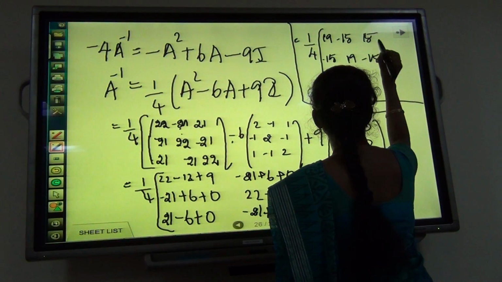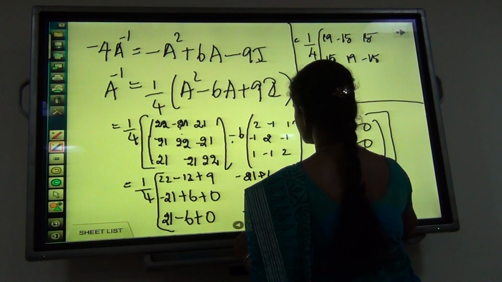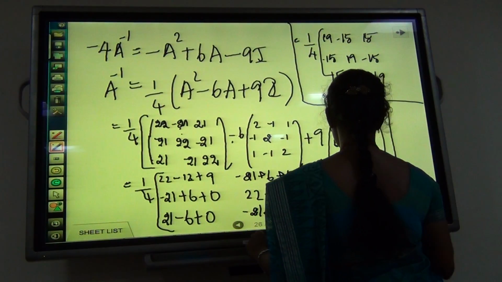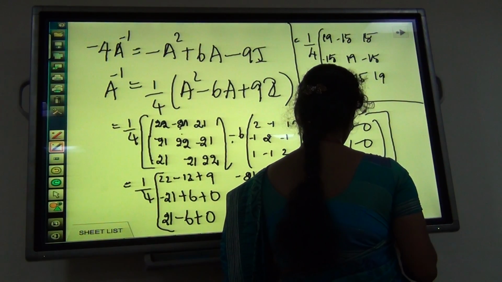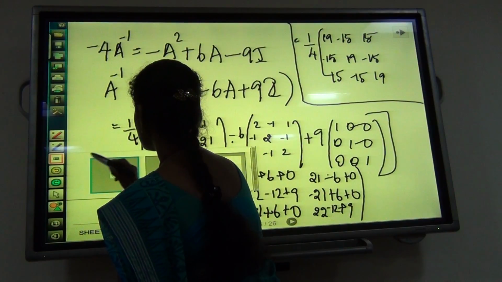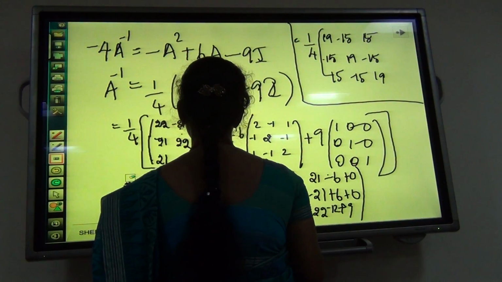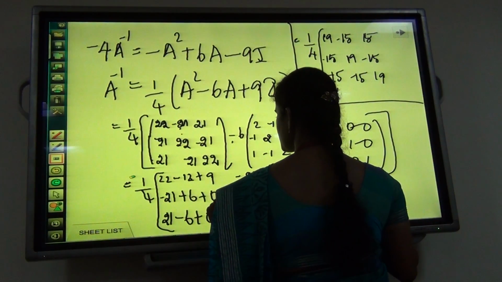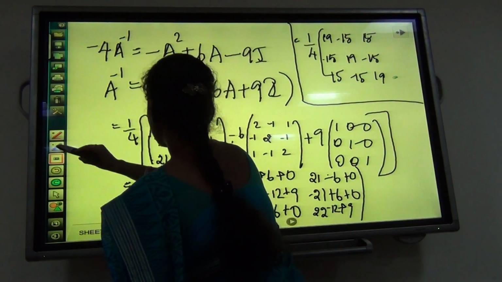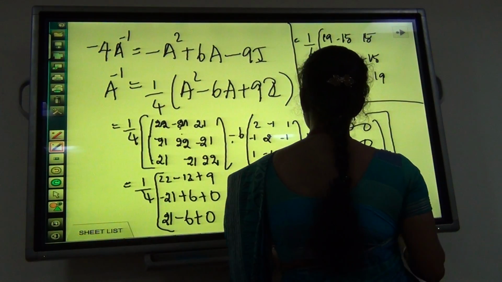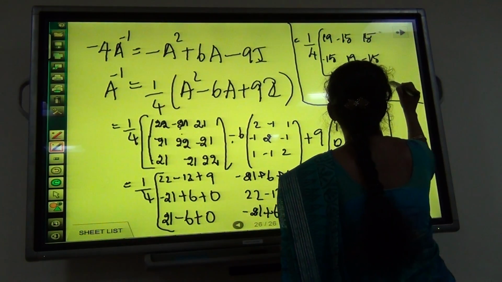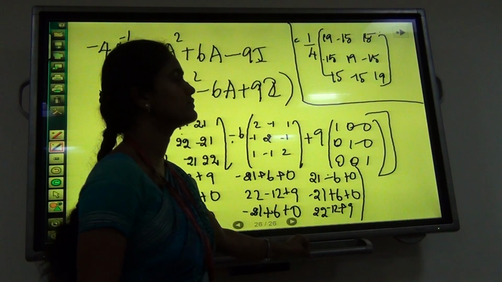This is 15 minus 15. So this is what your A inverse is.